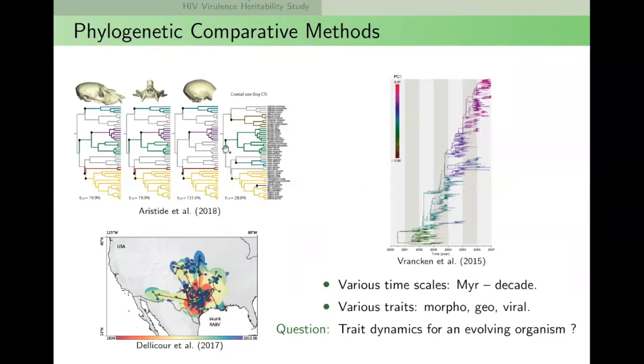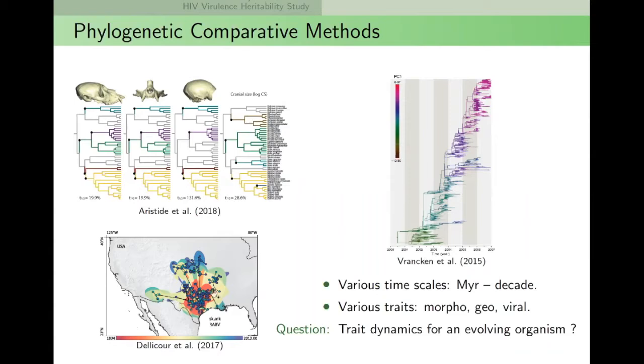But actually, this kind of problem where you have continuous measurements at the tip of a tree can also be seen in another field, which is virology. Here I have two examples. This one is the rabies virus in skunks in the US.